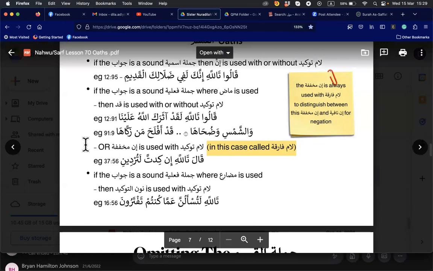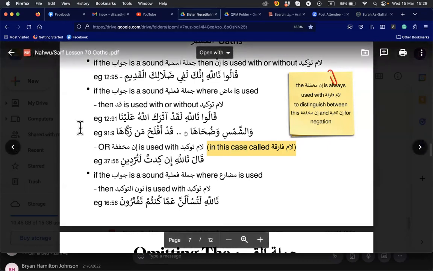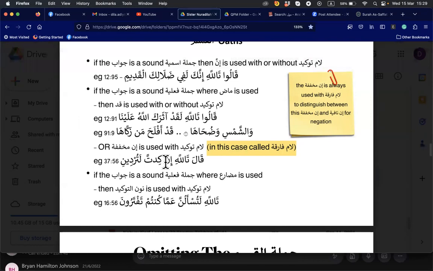Quite a bit of terminology there. Yes, of course. This in is also used. We are talking here about the jawabul qasam, right? But this in can also be used outside of being a jawabul qasam. I think we did see it once in Surah Yusuf, in one of the first few ayat.